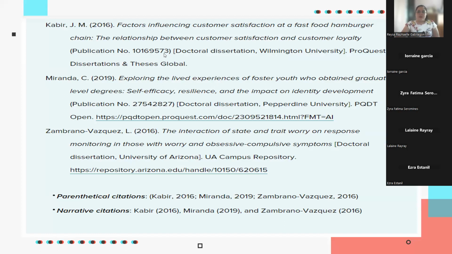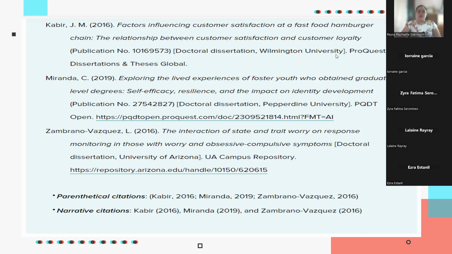Okay? And then, what's next? In bracket class, inside the bracket, you have to clearly identify whether it is a doctoral dissertation, a masteral thesis, or an undergraduate thesis. Okay, depende yan siya ha sa kinuhanan nyo. And then, comma, the institution.